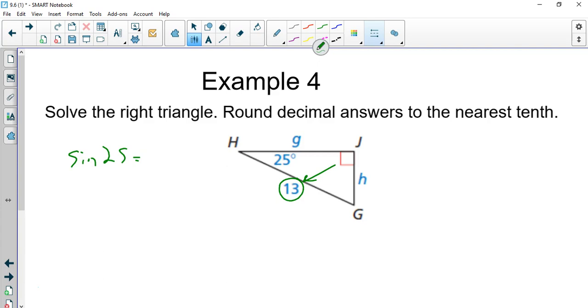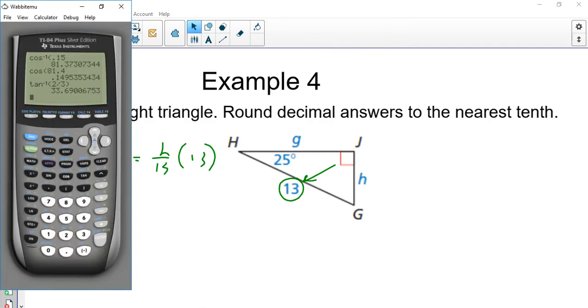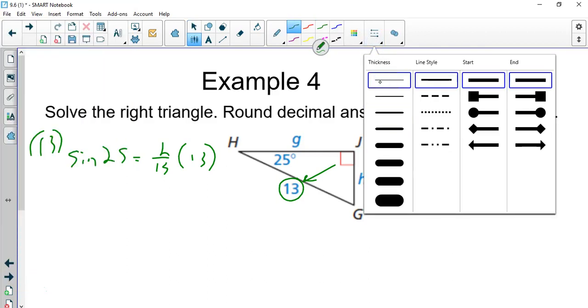Sine is opposite over hypotenuse. I simply multiply both sides by 13. I take my calculator, 13 times sine of 25, and I get 5.49, round to the nearest tenth, that's 5.5. So h is 5.5.